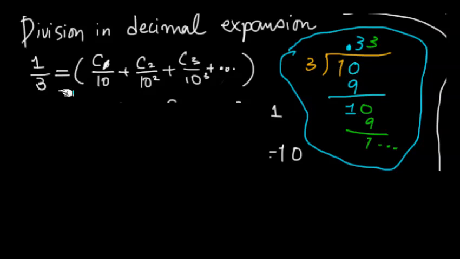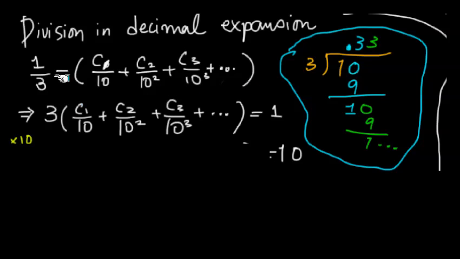If you think about it, it's the same thing as this one: 1 over 3 expanded in terms of decimal expansion, whose algebraic expression is maybe like this. To explain this algorithm, we actually multiply 3 to the other side, so it's written on the left side like this.